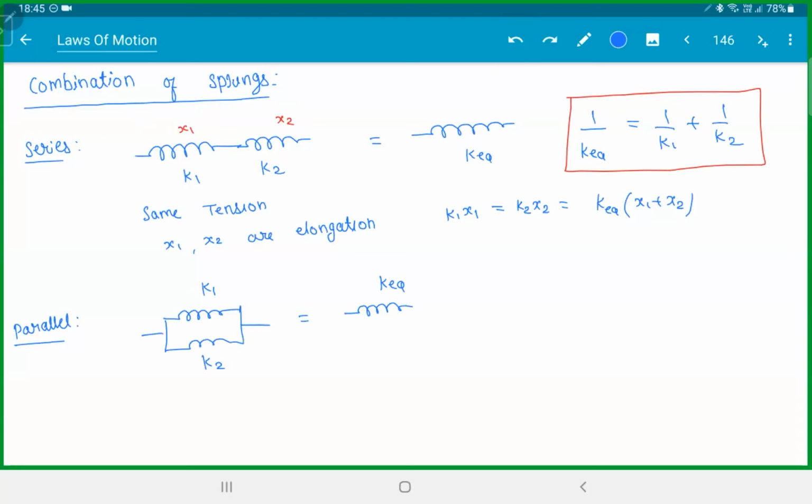You getting the point of the statement? So in this case, k equivalent would be k1 plus k2. Here springs will have the same elongation. Have a look at this.